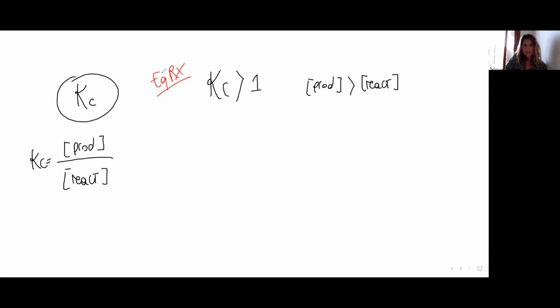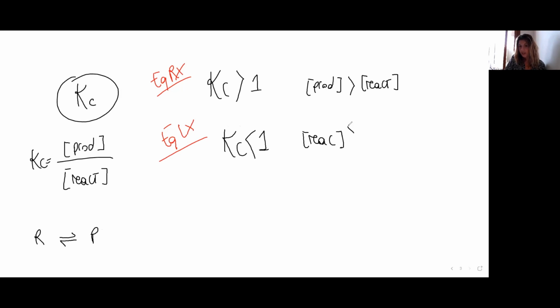Remember that the equation is always reactants to products. If the Kc has a value smaller than 1, this tells us that the denominator is bigger, so the concentration of the reactants is bigger than the products. So the equilibrium lies towards the reactants, on the left-hand side.